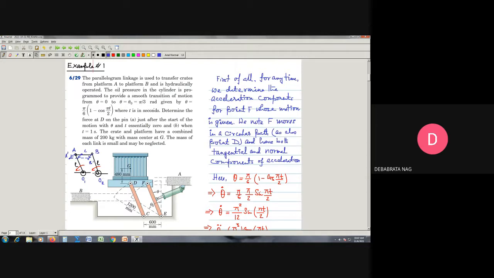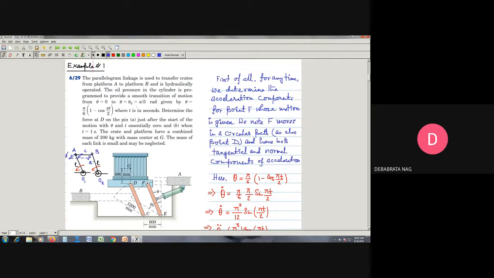The motion from theta equal to 0 to theta equal to pi by 3 radian is given by the equation theta equals pi by 6 times (1 minus cos pi t by 2), where t is in seconds. So in between, this angular transference will take place.